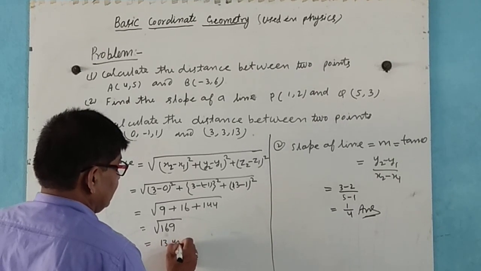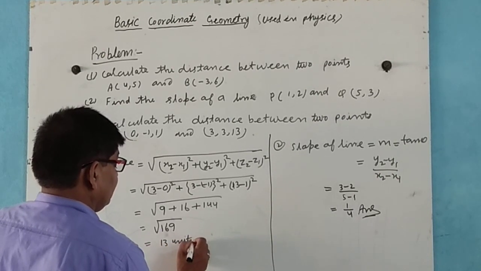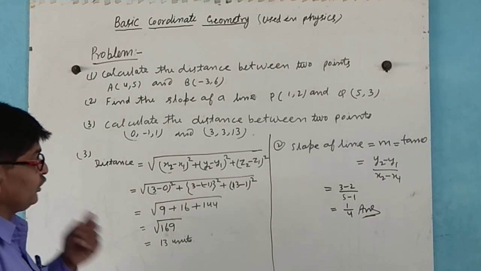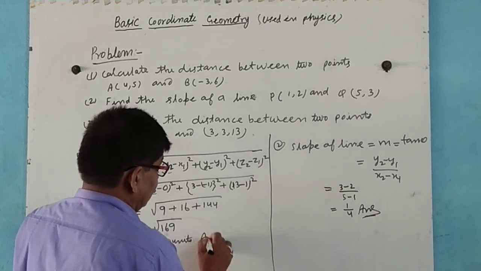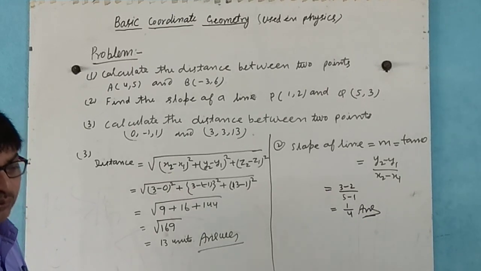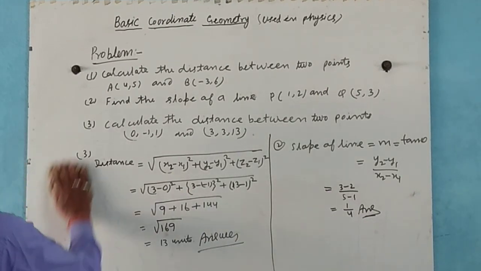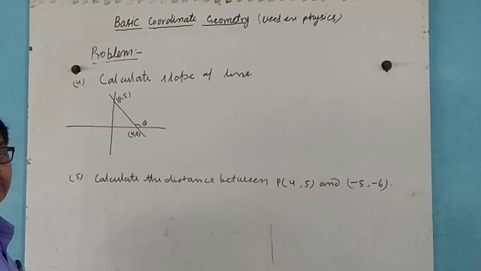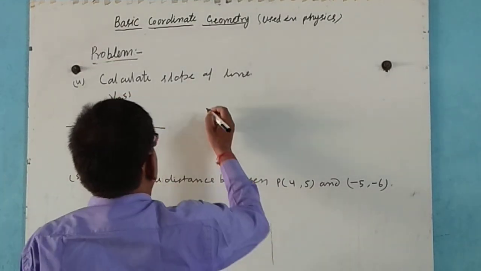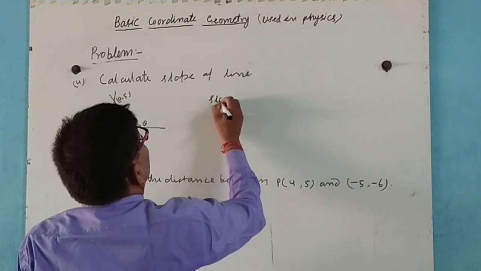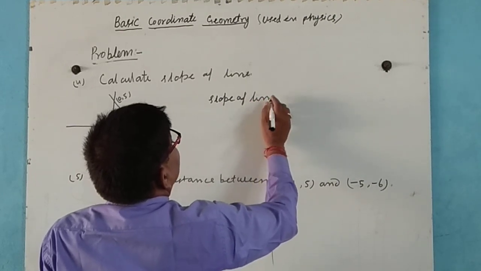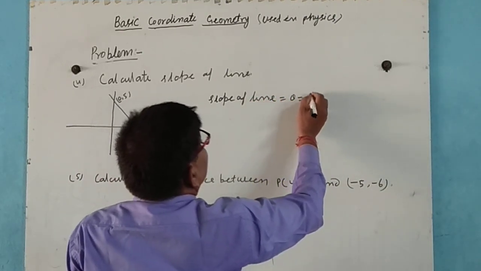This means 13 units. So the calculated distance is 13 units. This is our answer. Now we write the next problem. Now fourth question, calculate the slope of the line. Here slope of line equal to tan theta.